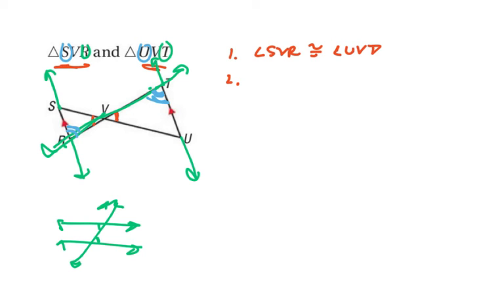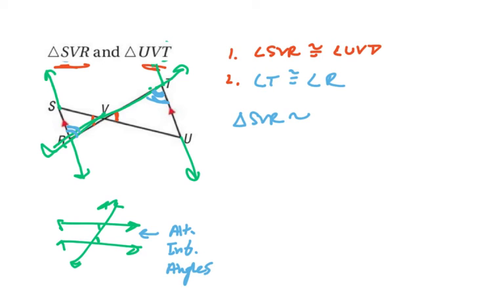They are alternate interior angles. So angle T is congruent to angle R, which means, if I look back at the original statement, triangle SVR is similar to triangle UVT.